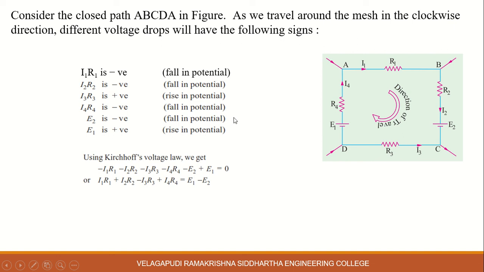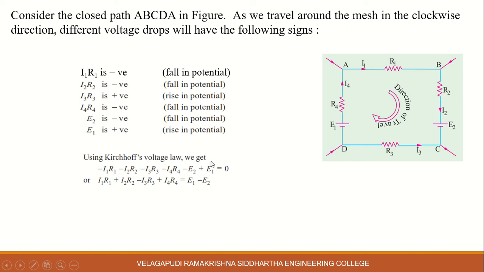Now based on the Kirchhoff voltage law, we get minus I1 R1 minus I2 R2 plus I3 R3 minus I4 R4 minus E2 plus E1.